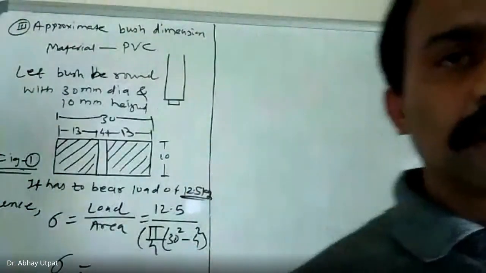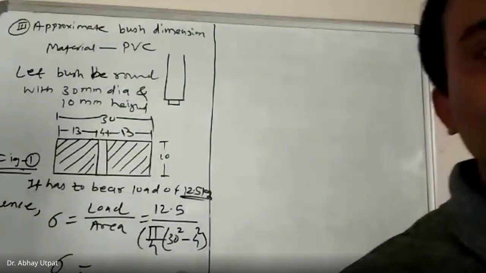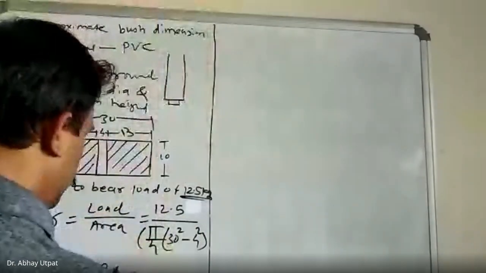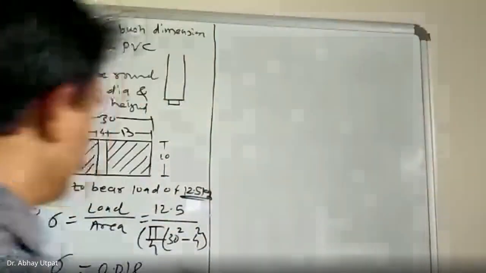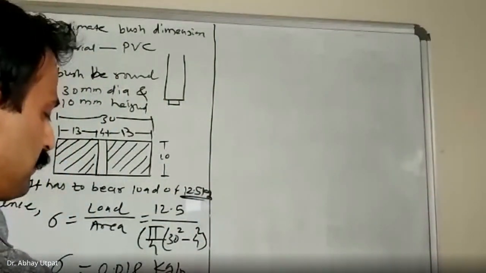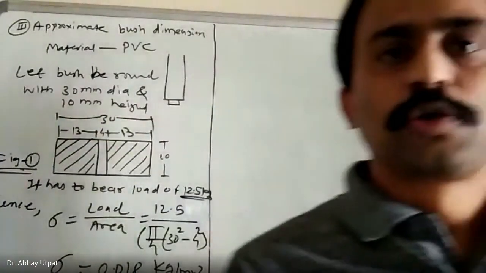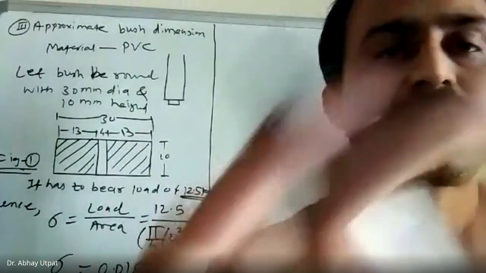Sonali Sawan, row number 3: 0.018. Okay, 0.018, it is kg per millimeter square. So you can write 0.018 kg per millimeter square.